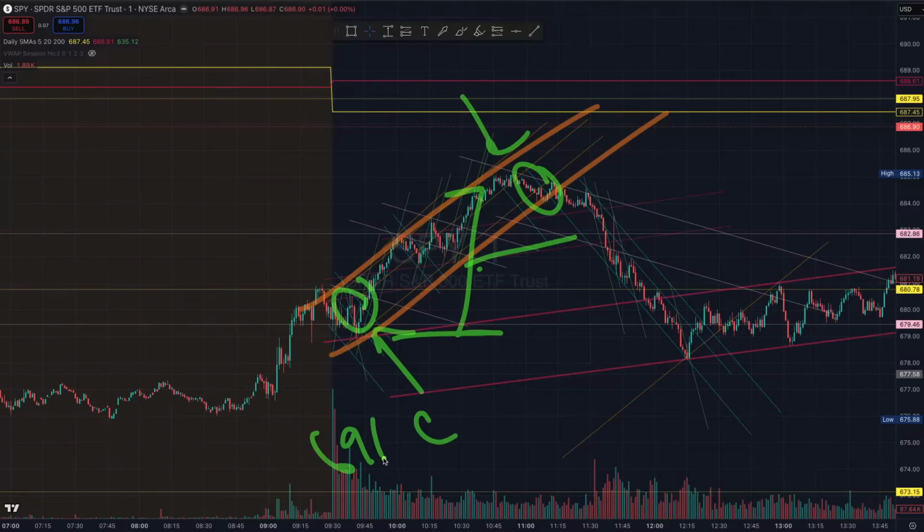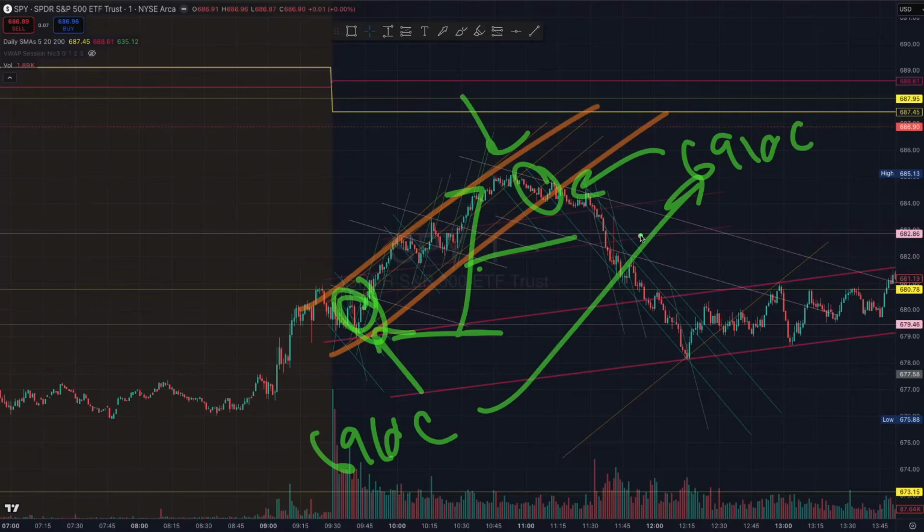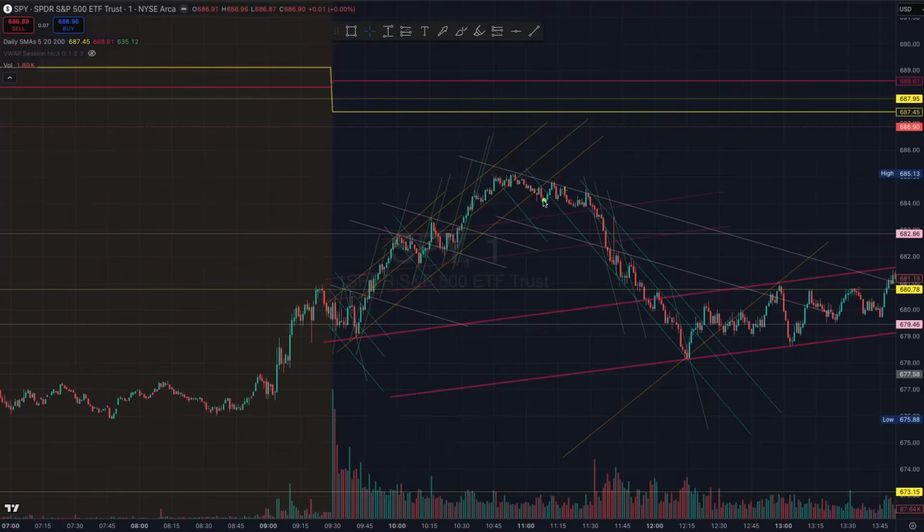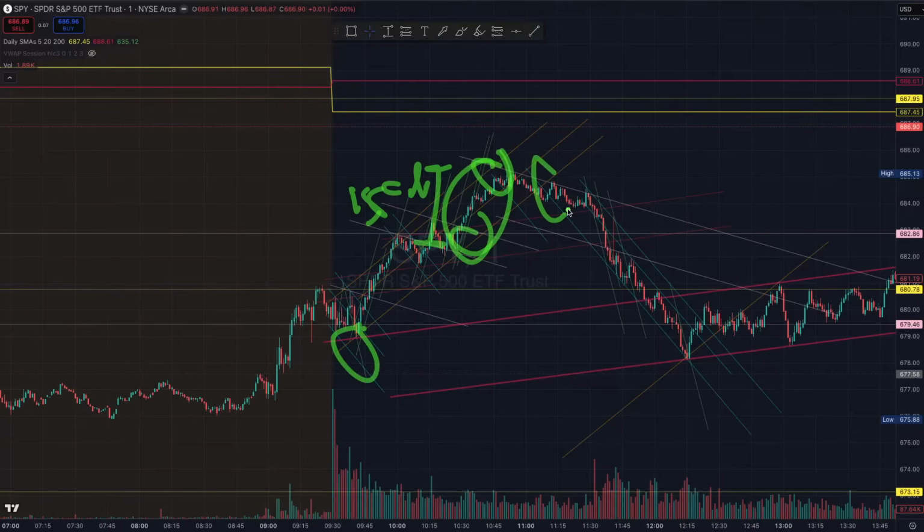So if you took a 69.10 call here, you lost money even though you were right for 5 points. You see the problem with that? Don't hold. But if you were taking 69.10 here and closing it here, this would be easily a 150% trade. You see the idea behind this instead of holding here to here.